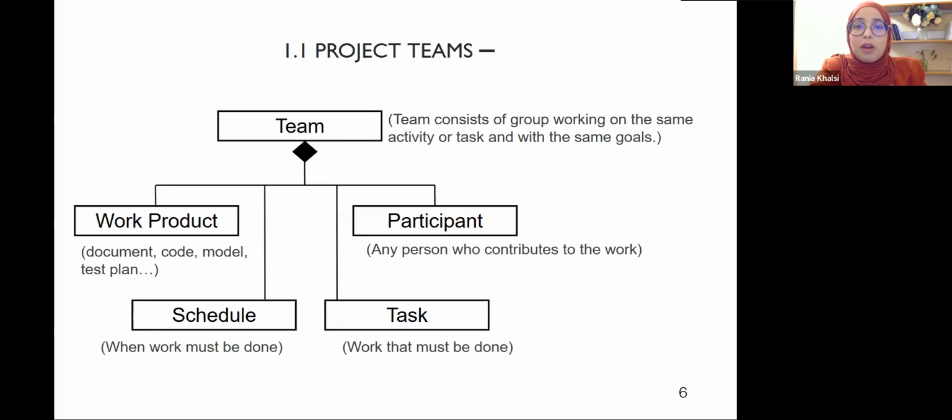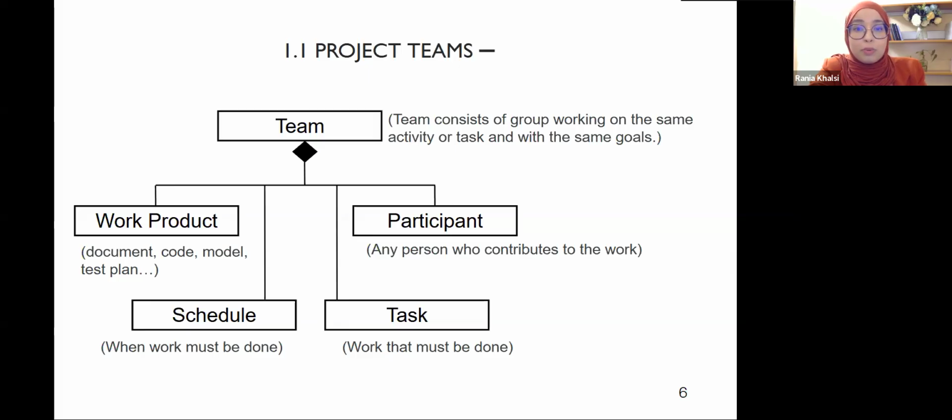Okay, for example, we have another involved part, which is participants, who could be testers of your system. We would also have schedule and planning involved in order to make sure that everything is on track. And we have a list of tasks that will be given to specific people who are part of the team. Okay, so mainly the team consists of participants working on the same activity or task, with the same goals.